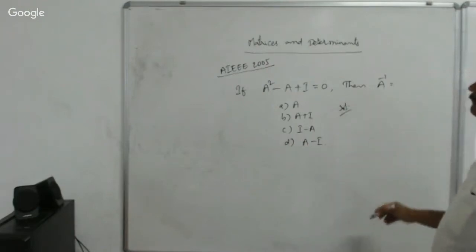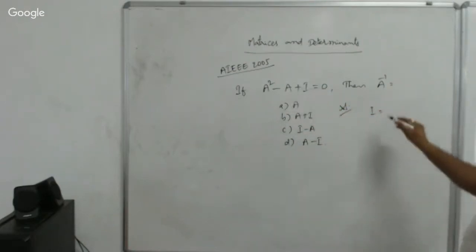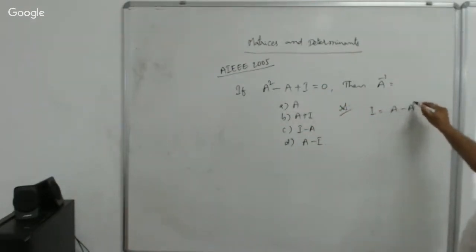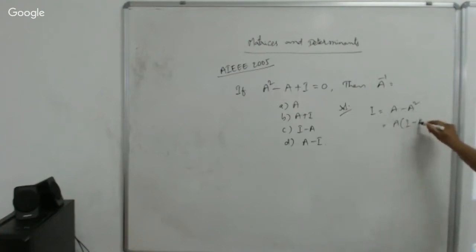Here, this can be written as I equal to A minus A square. Here A is common. By taking A as common, we get I minus A. Remember that.